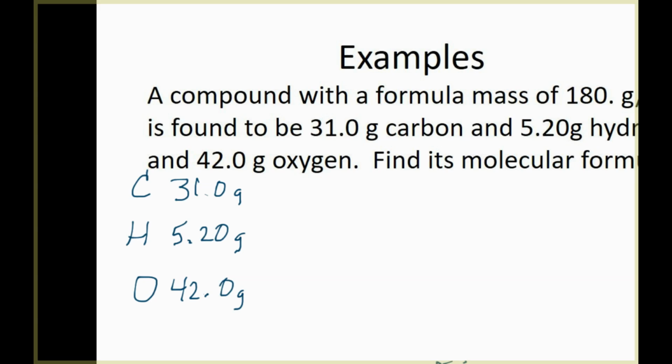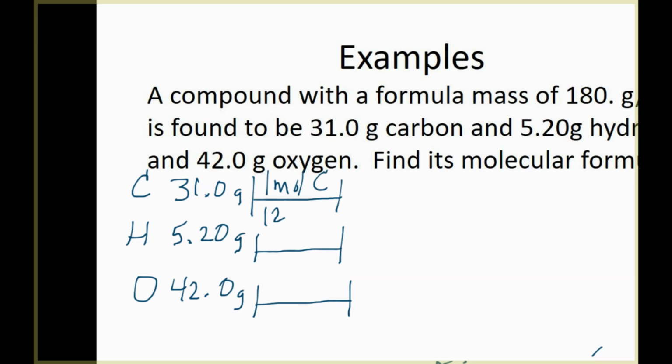So remember with empirical, we like grams in the lab, but we can't do calculations with grams. So we know we're going to have to change all my grams to moles. Again, this is what we did all last class, or all this class, depending when you're watching this. Molar mass, I know a lot of you probably know these masses, 12.011 grams for carbon.